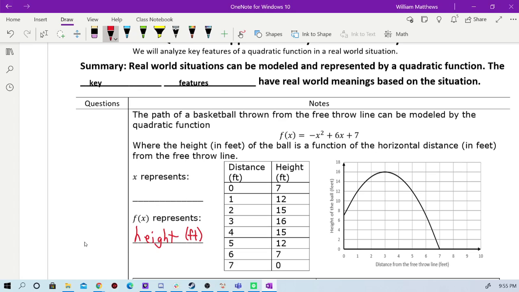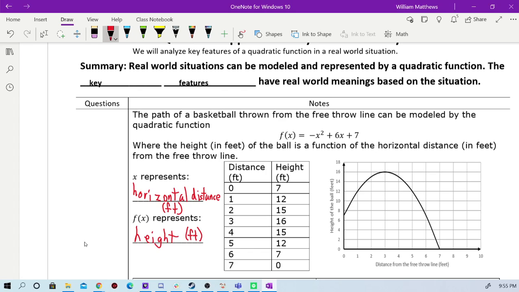Going back to the statement, it says height of the ball is a function of the horizontal distance, and this is also in feet. So now we know what our x input and our output are, we can look at our table and graph that also show the information for us from the function.